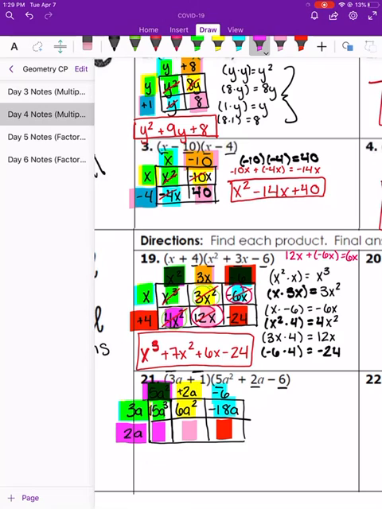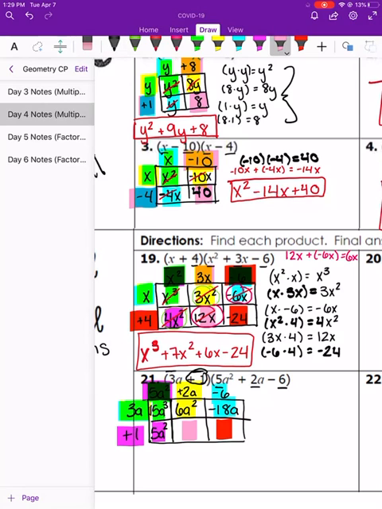Where did I get 2a from? Okay, guys, I wrote that incorrectly yet again. This is not 2a. This is 1. 3a plus 1. So it's the 5a squared times 1, which is going to give me 5a squared.